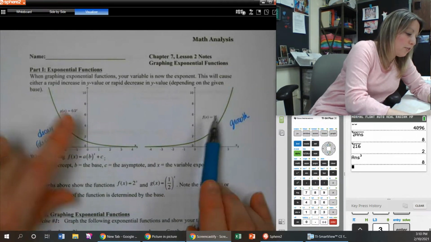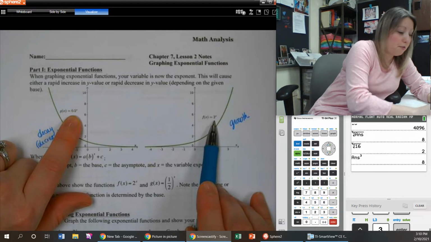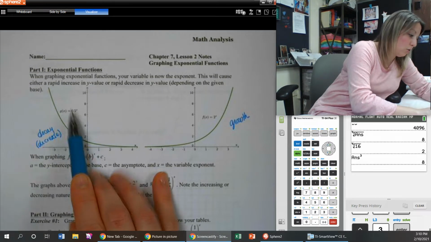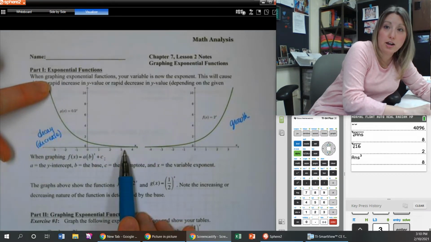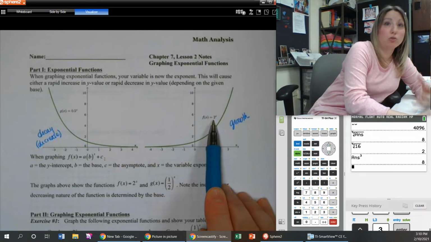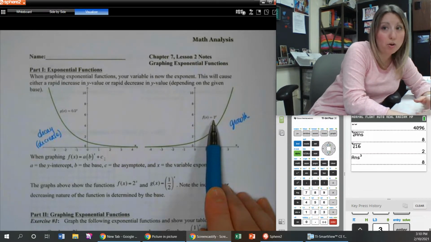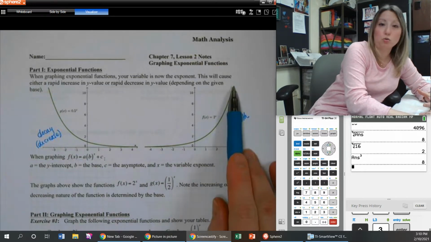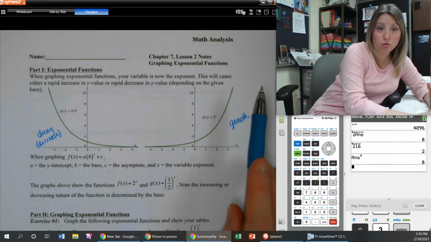I want you to look at their bases. If the base is a fraction lower than 1, so between 0 and 1, then you're going to get a decrease or a decay. If your base is a number greater than 1, even like 1.5, any number greater than 1, that's going to be a growth model for exponentials.